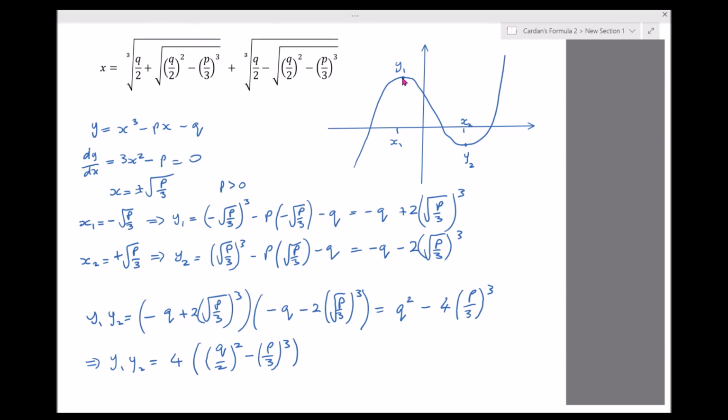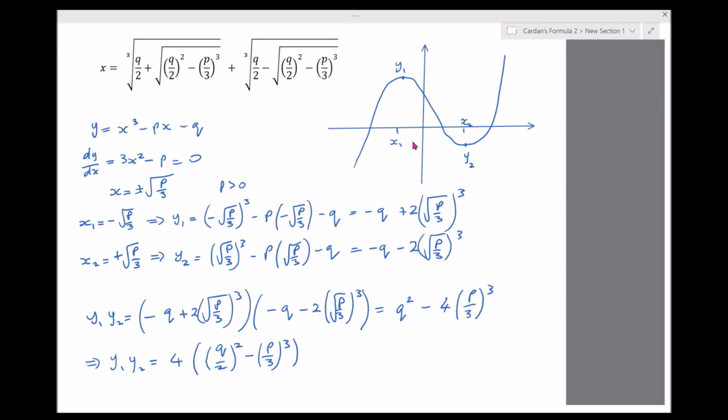So if y1 is positive and y2 is negative, y1 times y2 will be negative, and the expression under the square root sign will be negative.